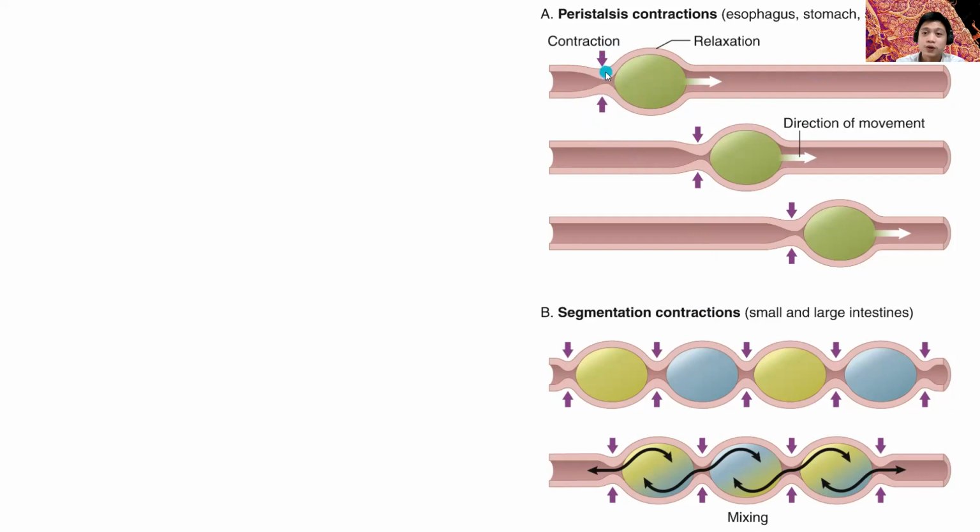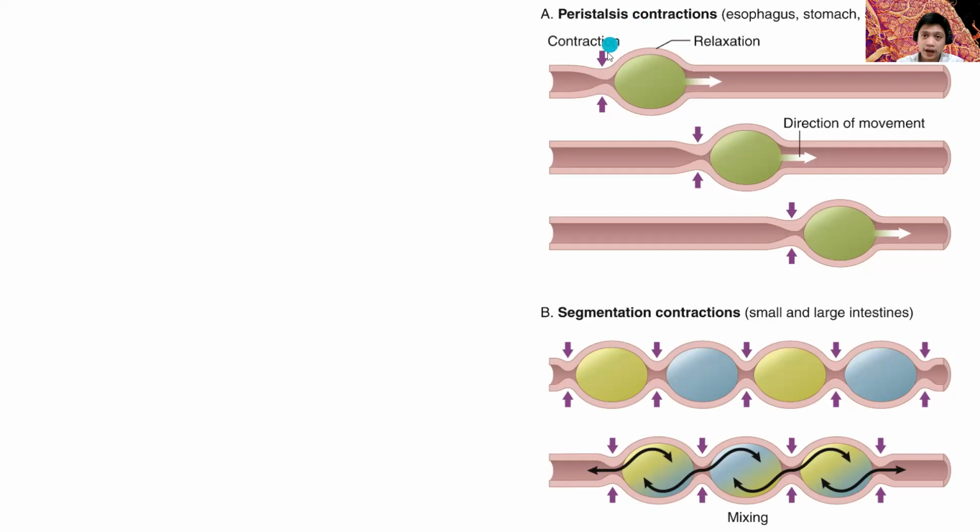Again, this is performed by the inner circular muscle. Distal to the food bolus, there should be relaxation. We call that receptive relaxation. Proximal to the food bolus, contraction. Distal to the bolus, relaxation.